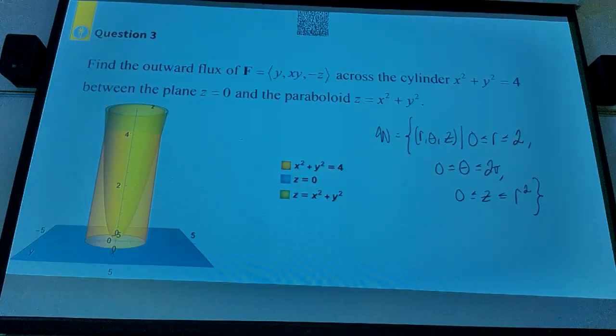What's our divergence? Zero. It's just x. No, it's not just x. x minus 1.